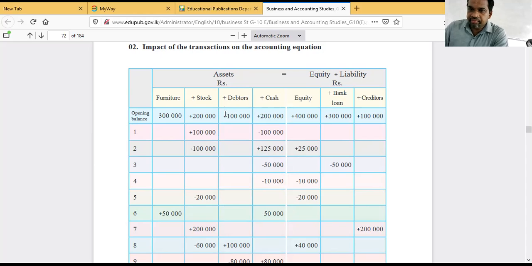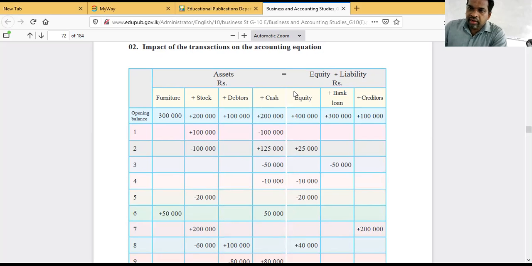And number three, there can be a decrease and increase in the same side. It can happen on either the asset side or the liability side. Therefore, if you understand these three main changes, you can easily adjust any business transaction in this account equation.